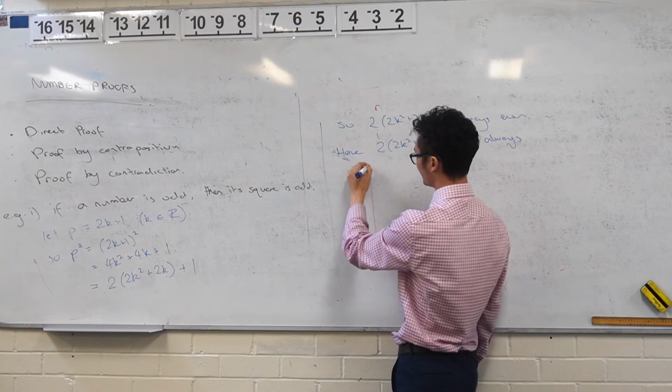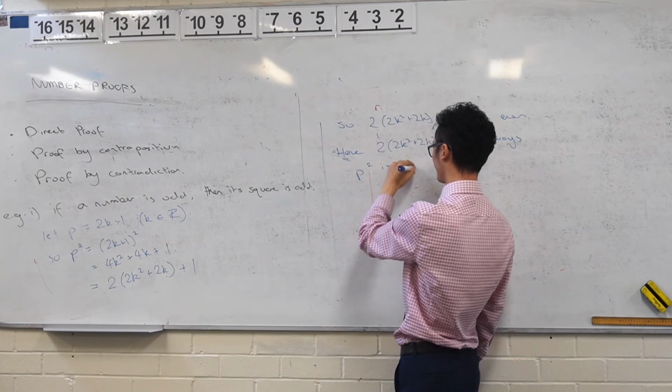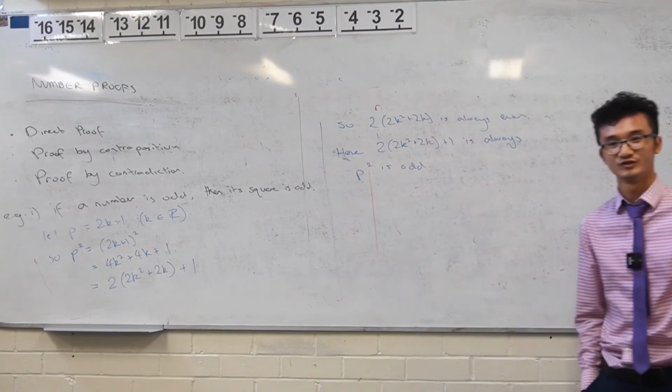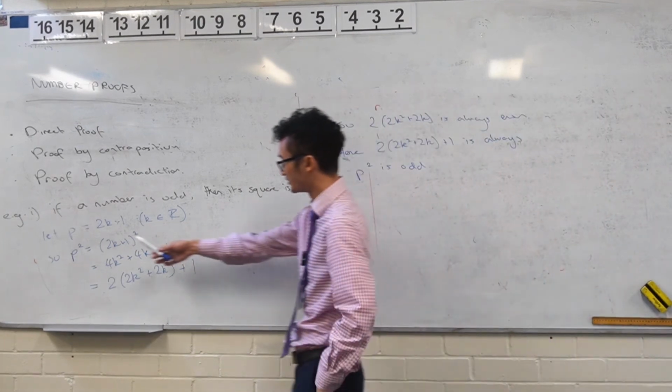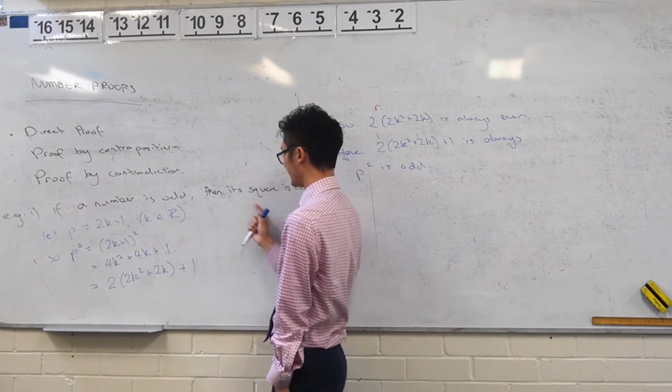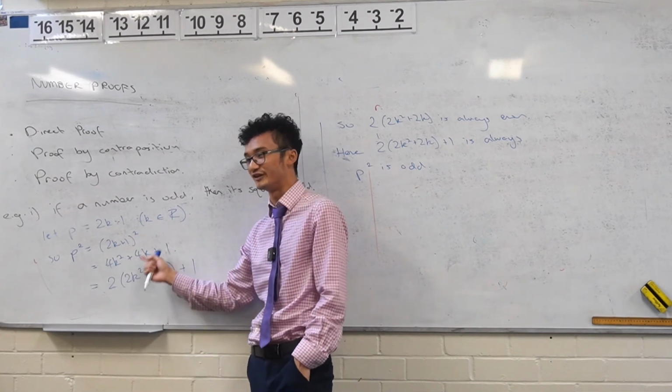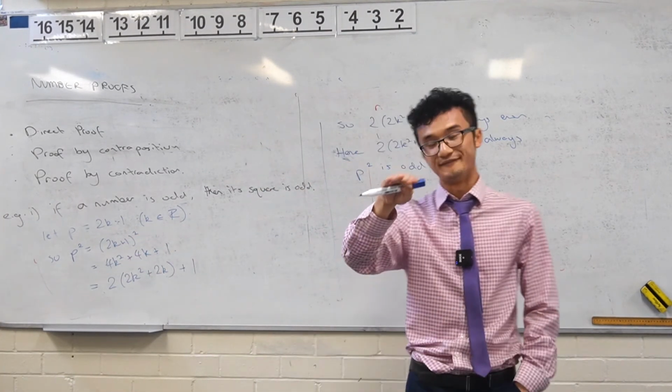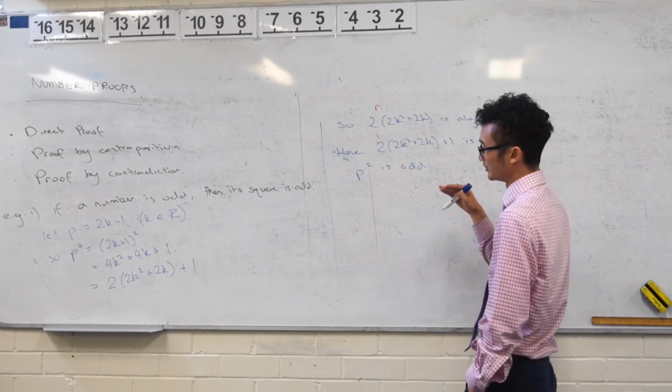And p squared is odd. Okay? So that's a direct proof. All we're doing is we introduce some p and then do as they asked us to. We squared it, and then we had to do a bit of rearranging to convince them that, hey, this is actually always going to be odd.